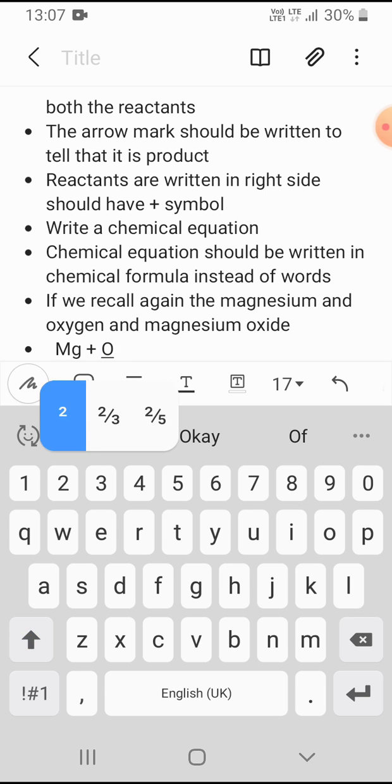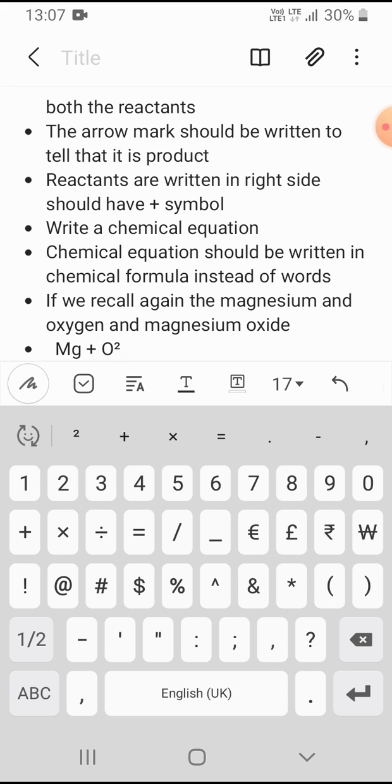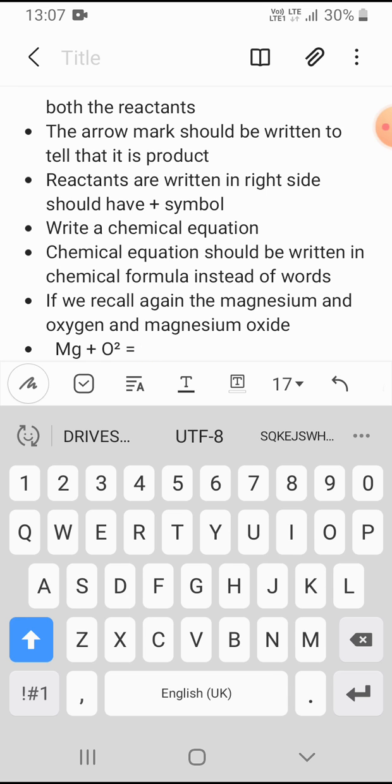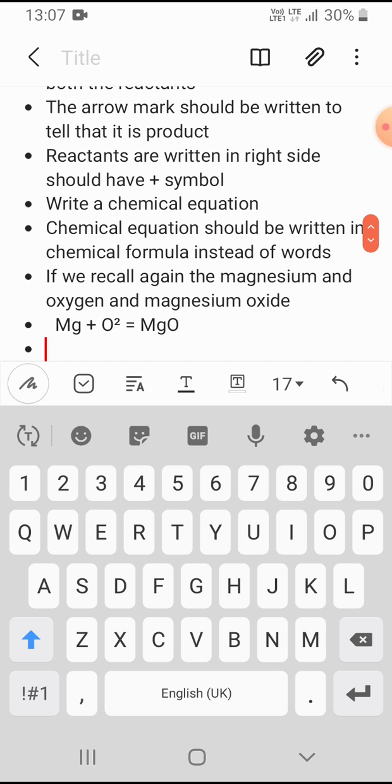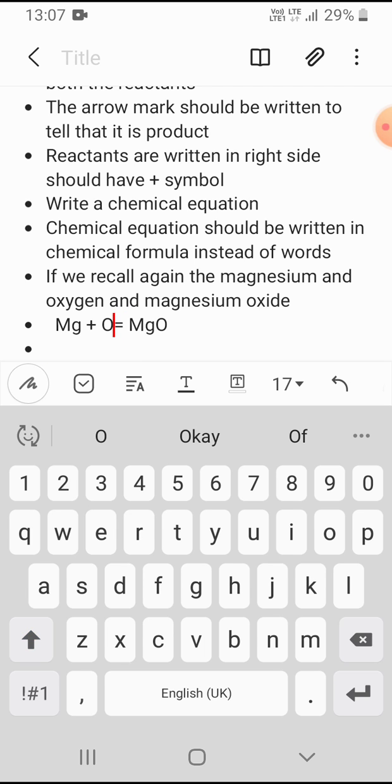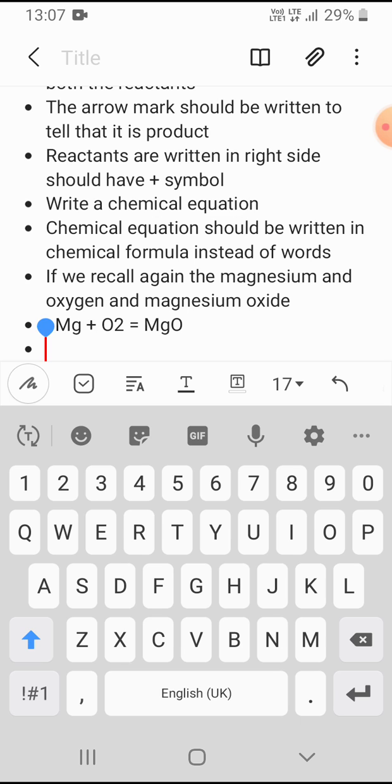The 2 should come downside, but I am writing it beside because I am not able to write it down here. So when magnesium Mg joins with oxygen O2, we get magnesium oxide, MgO.